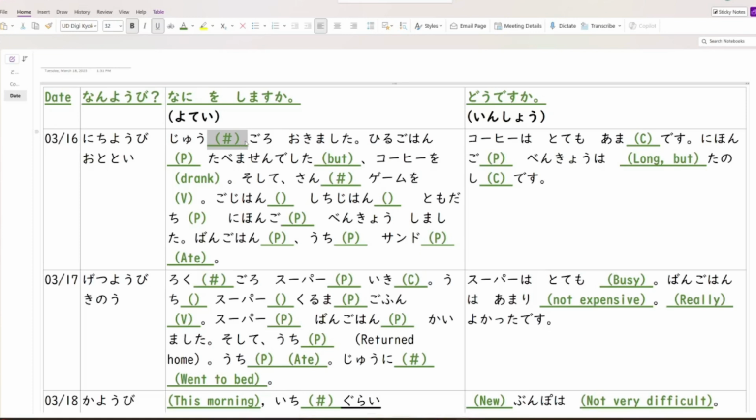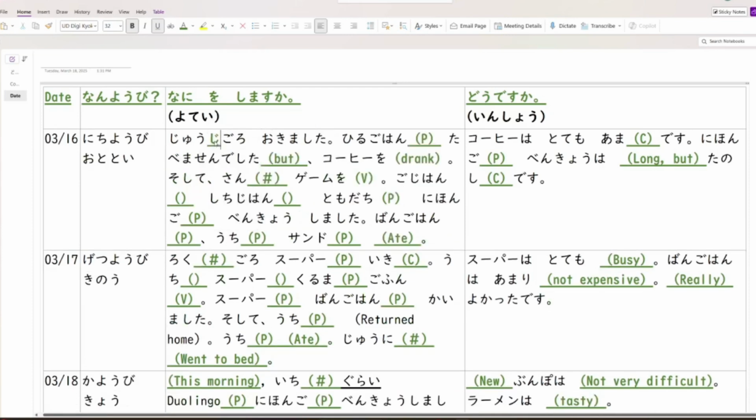I'm trying to think which one is specifically time. Well, we're saying like a clock, around 10 o'clock, right? Yes. I think that's G. It is just G.